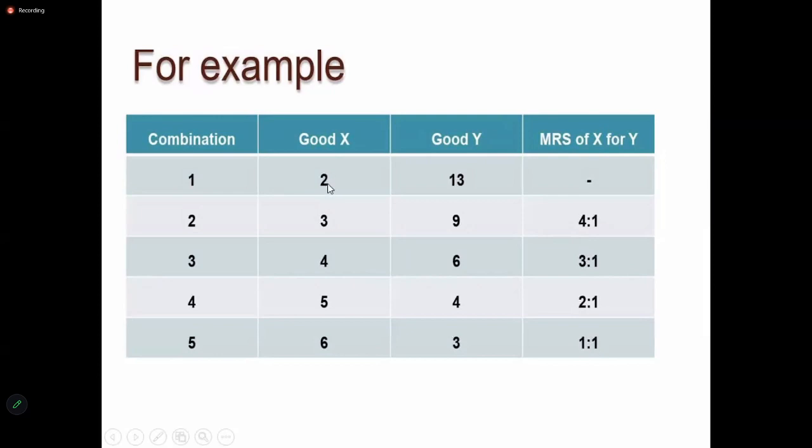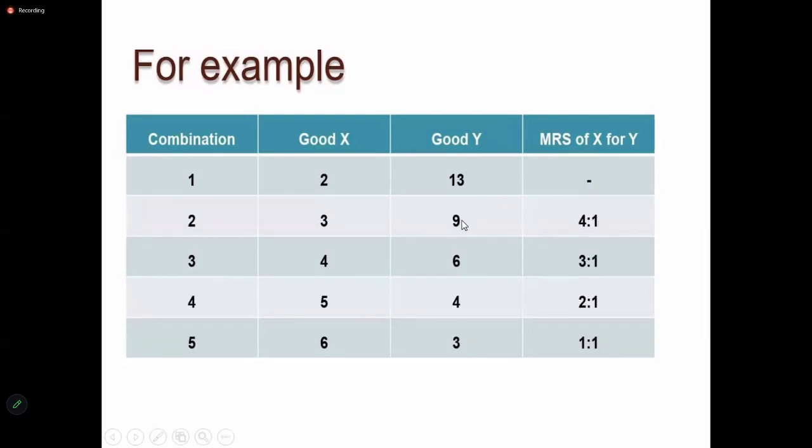So the MRS is change of y divided by change of x. Change of y, how much? 4. Very good. Change of x? 1. Then the marginal rate of substitution is 4 to 1.